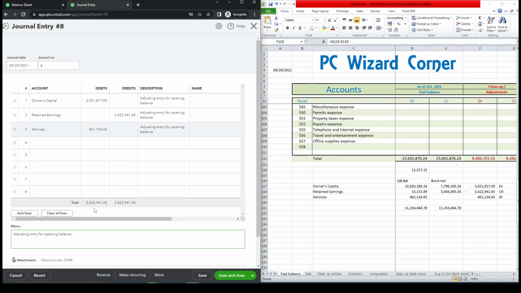Let's check the balance. It's 3,422,000. Yeah, it's correct. Now let's save this one. Save and close.